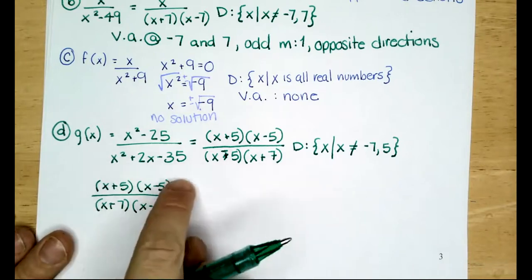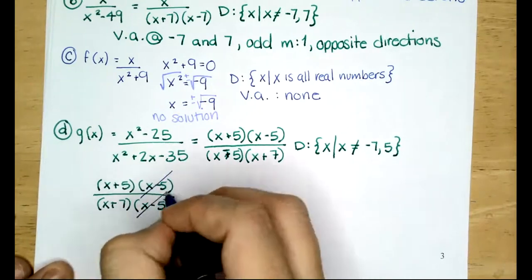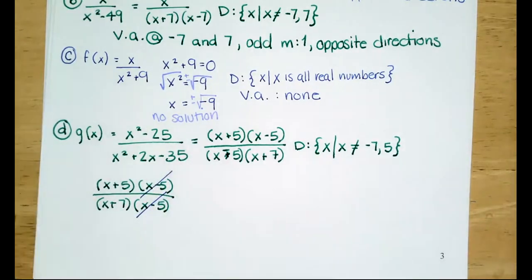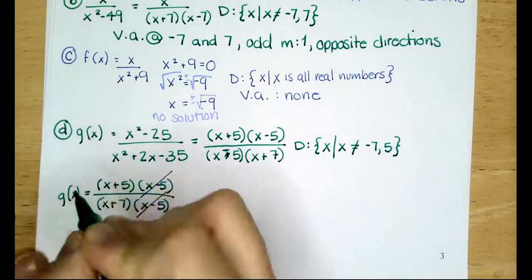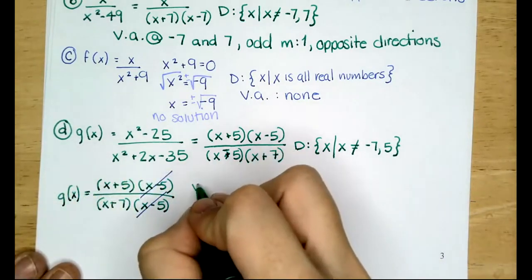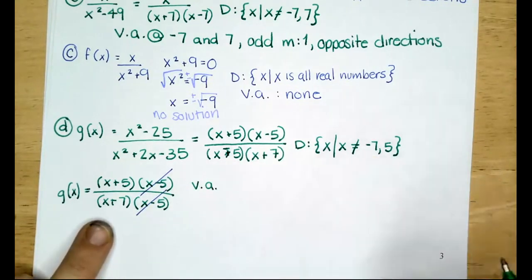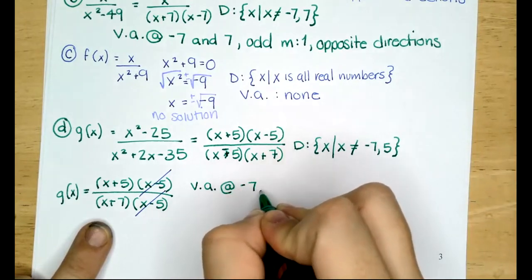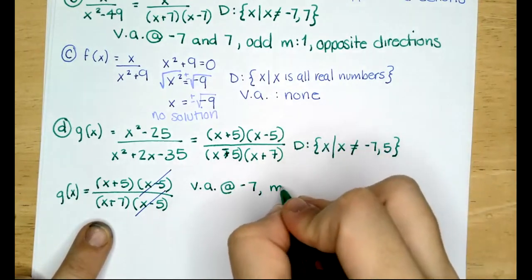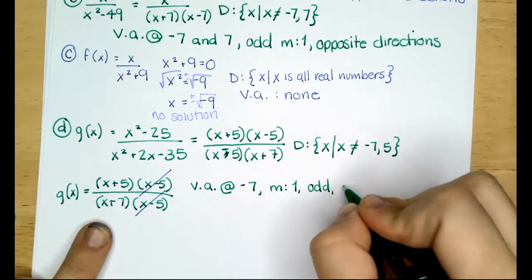So you see that these are being multiplied and that we can cancel out a factor on both the top and the bottom. So now when I'm finding my vertical asymptote, I only need to count the -7. There's a vertical asymptote at -7. It is a multiplicity of 1, so it is odd. So they're going in opposite directions.